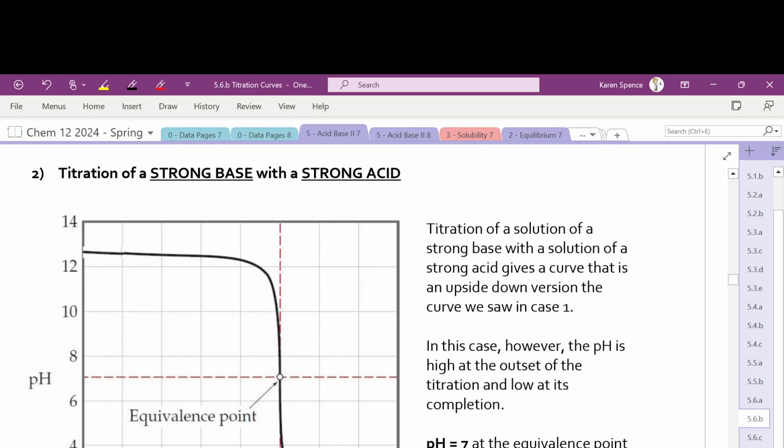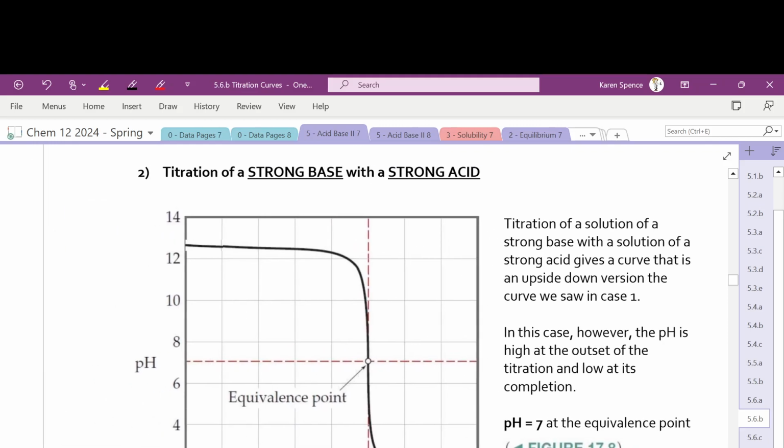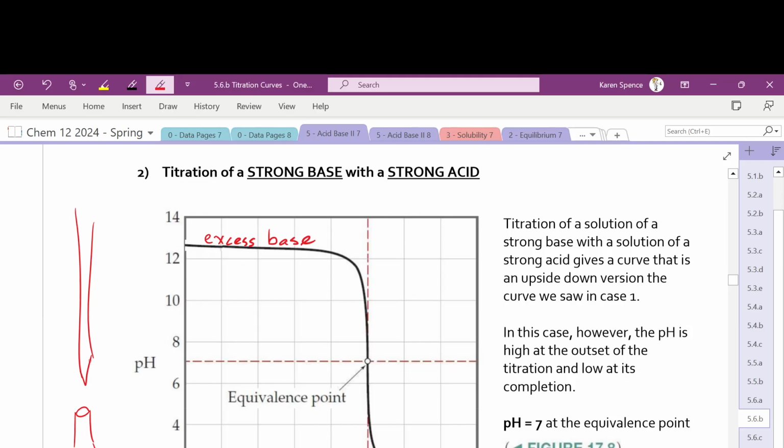Look, what do we have here? What is in our flask for this curve? Base. Because that's what we're starting with, right? We have excess base. And what are we adding to it? We are adding acid.